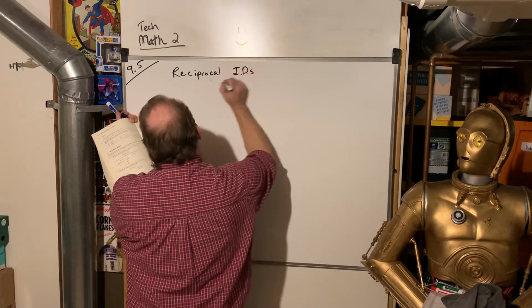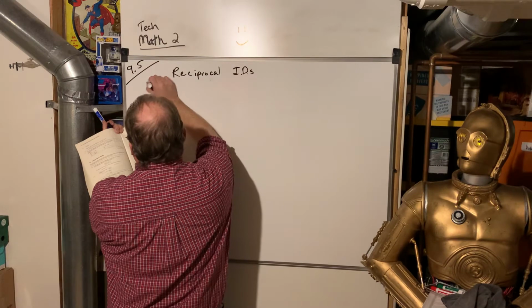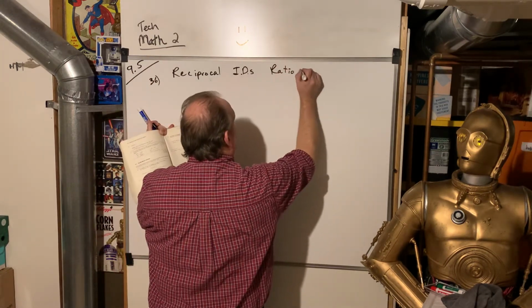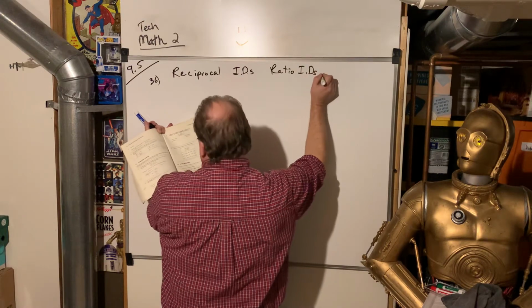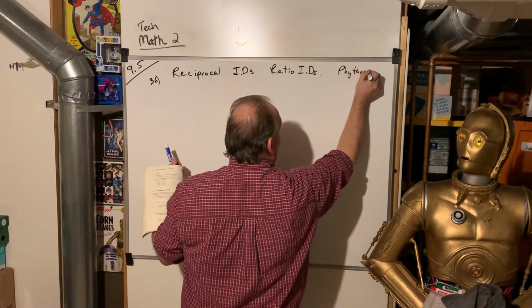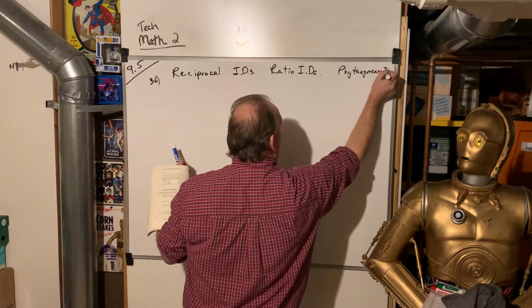We're looking at number 36 here. Ratio identities and Pythagorean identities.